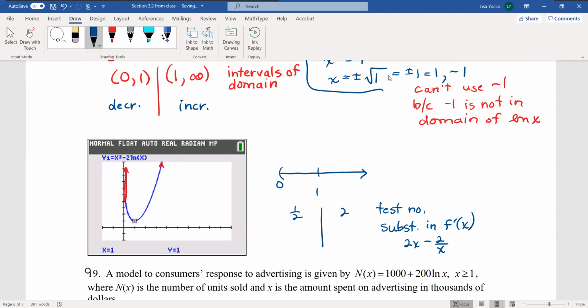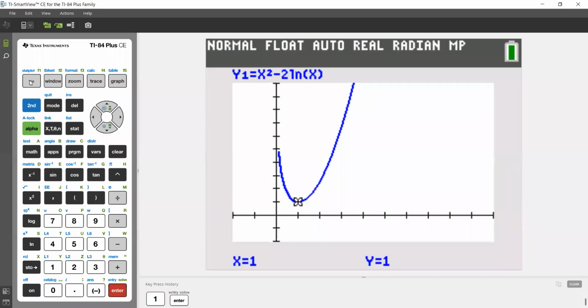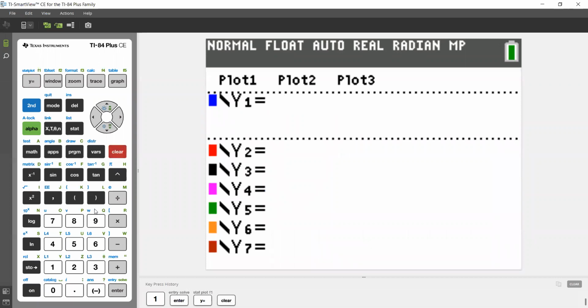Go back to the calculator and put in the derivative, 2x minus 2 divided by x.